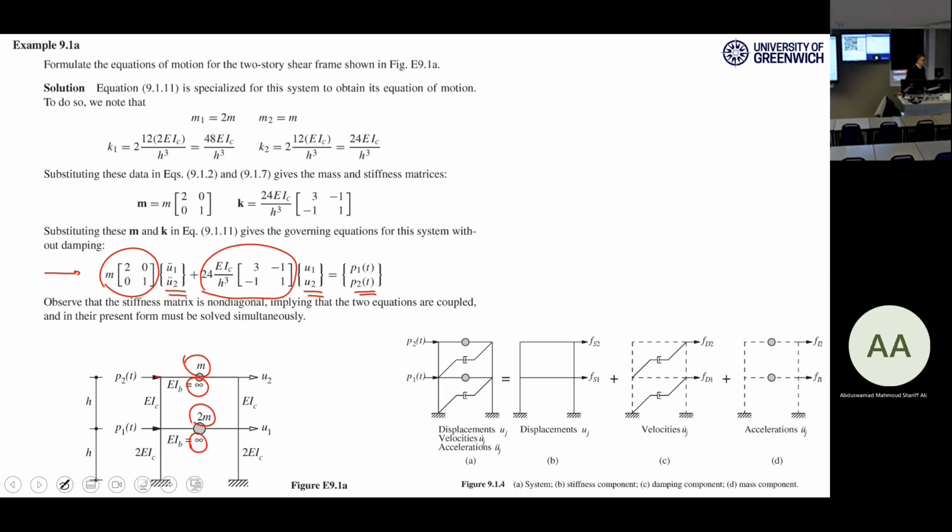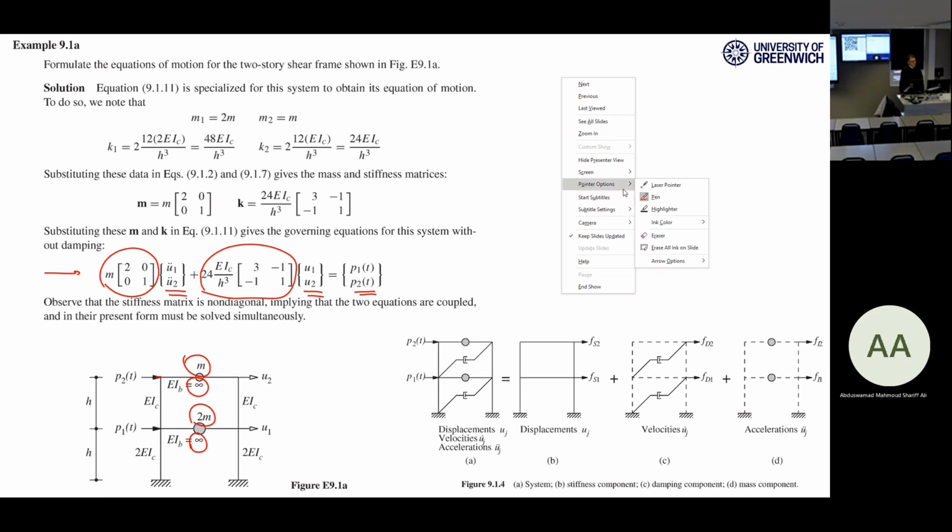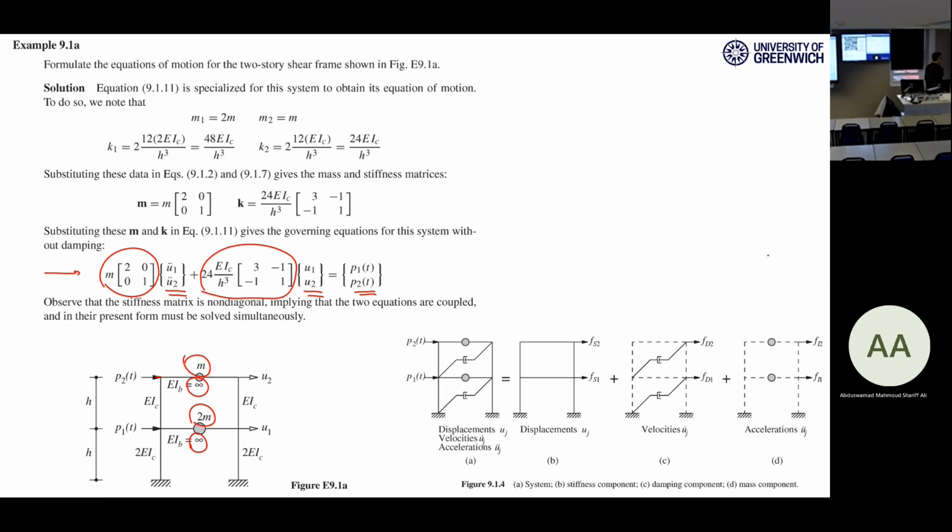And as you see, the interconnection between these two equations is coming from these two terms, isn't it?